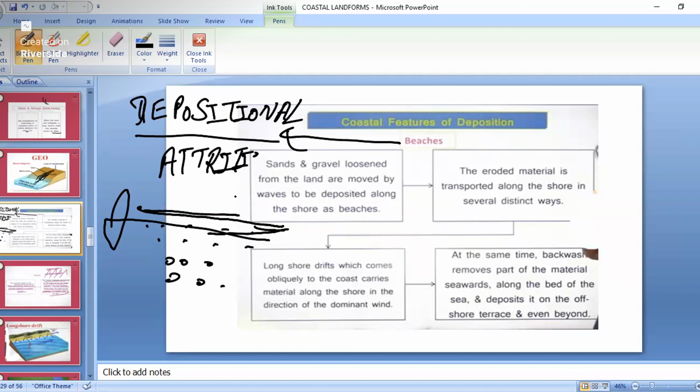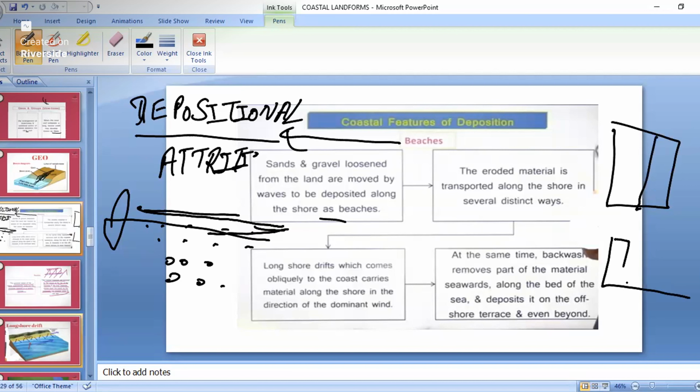So this is not the beach. In that wave cut platform also, this is not the beach. Now in these wave cut platforms we have studied, this particular part is broken. So in this wave cut platform also, all those loosened materials come and settle down here.